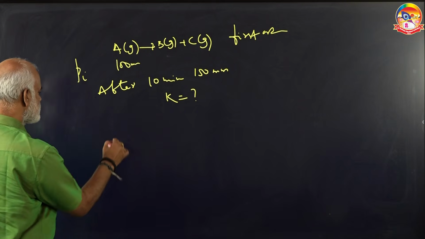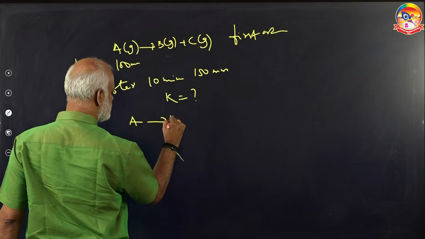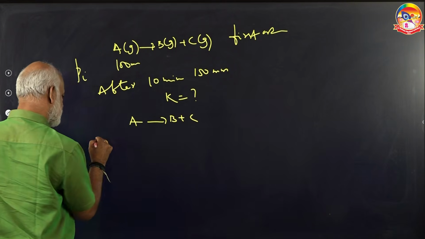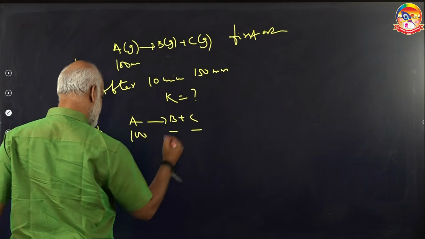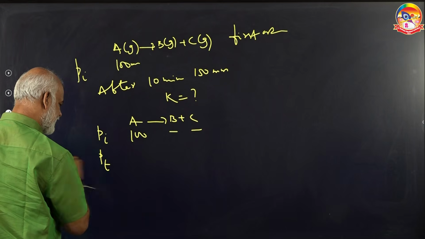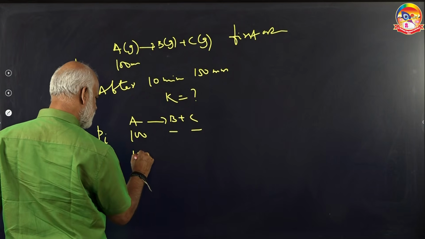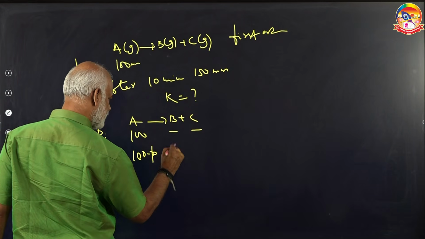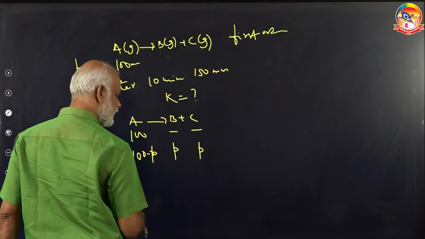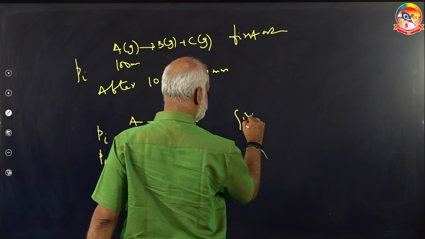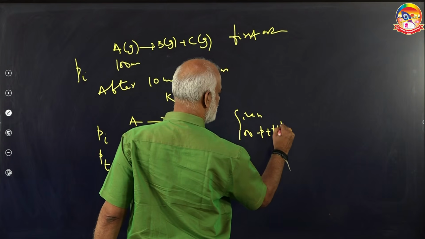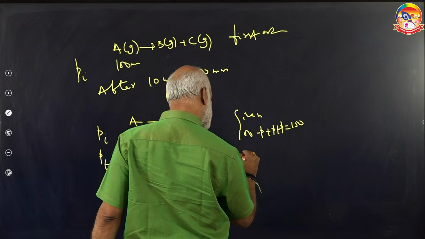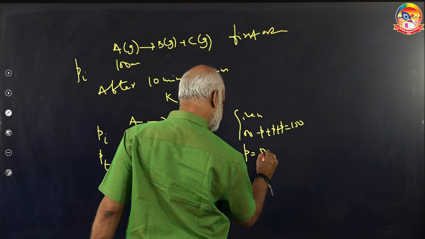So, first let us go. A gives B plus C. Pi is equal to 100. P after time t is equal to 100 minus P. Given 100 minus P plus P is equal to 150, P is equal to 50.